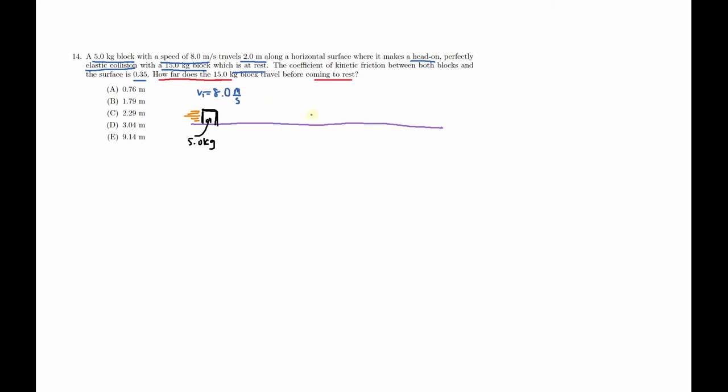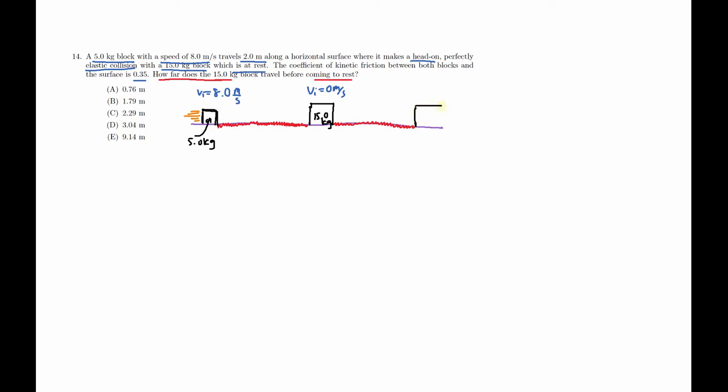And then 2 meters away we have a bigger block, stationary, not moving. So v initial is 0 meters per second. And there is a force of friction acting against the motion of our block. And ultimately we want to know the distance our big block travels after the collision with the smaller block.